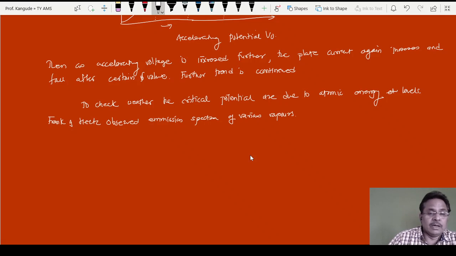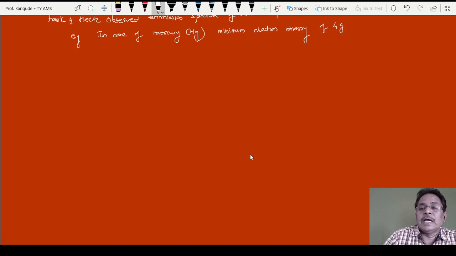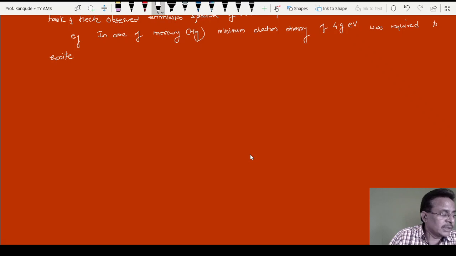For example, they used this particular case. In the case of mercury, that is Hg, a minimum electron energy of 4.9 electron volts was required to excite the 253.6 nanometer spectral line.